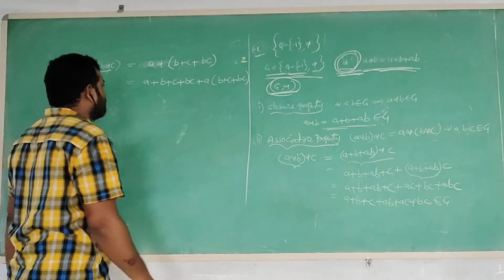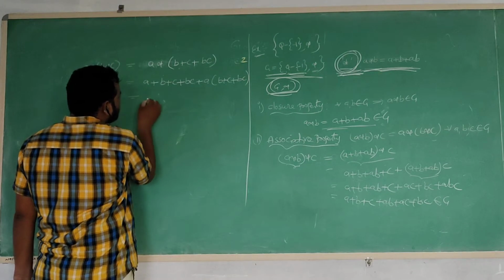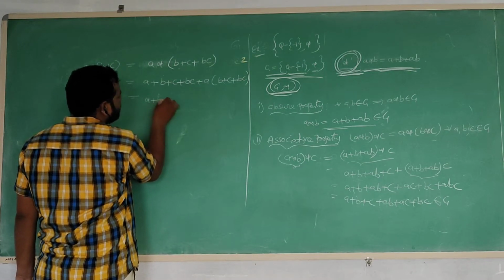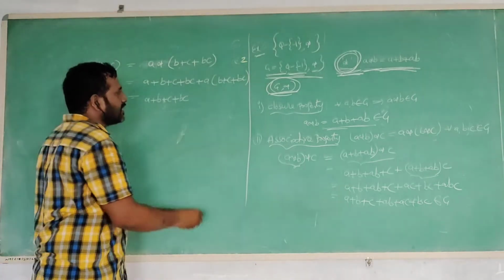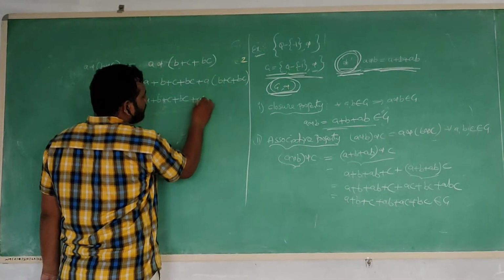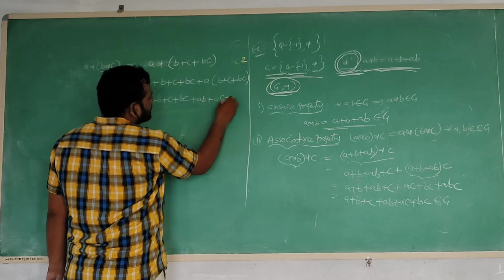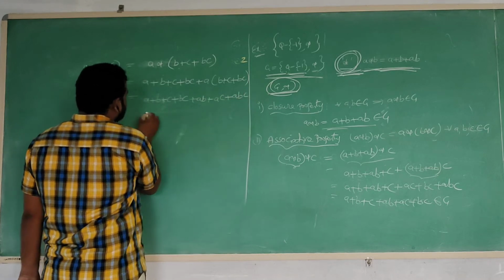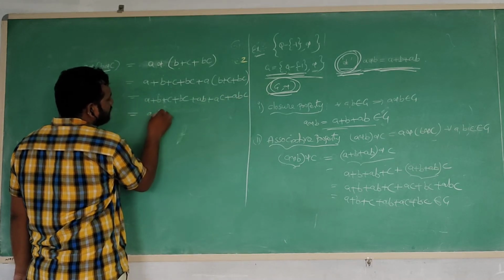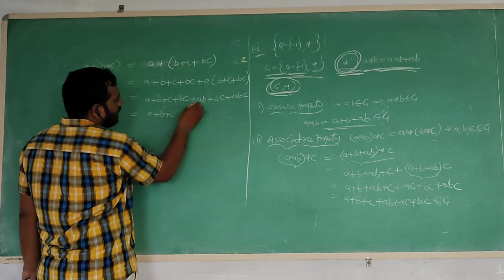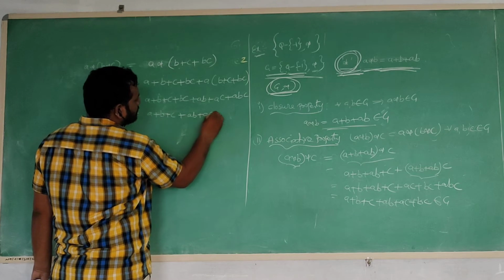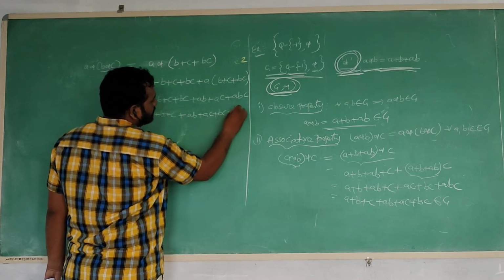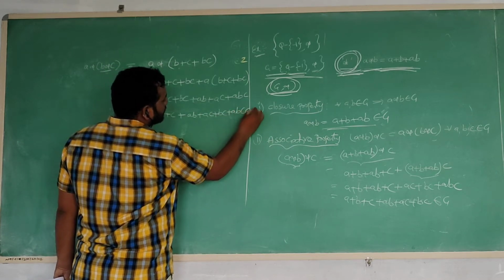The total can be written as a plus b plus c plus bc, plus ab plus ac plus abc. That equals a plus b plus c plus ab plus ac plus bc plus abc. This also belongs to G.